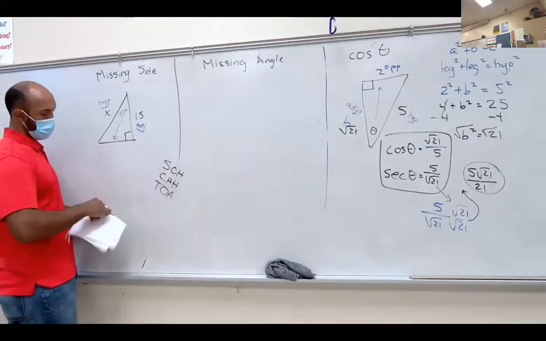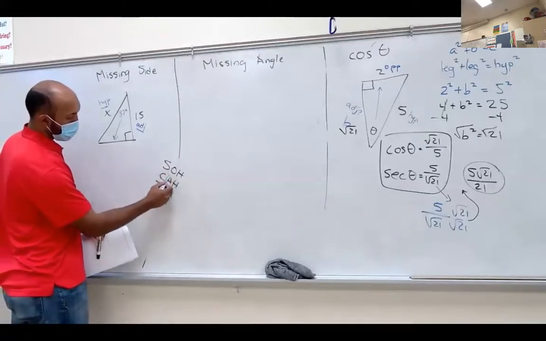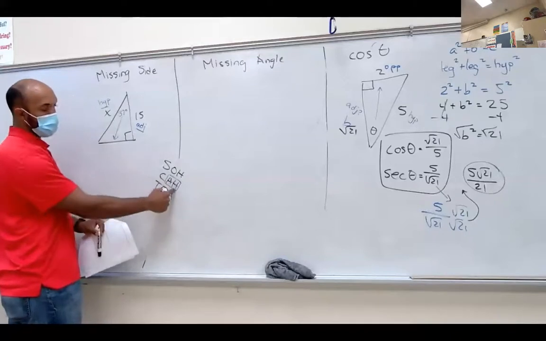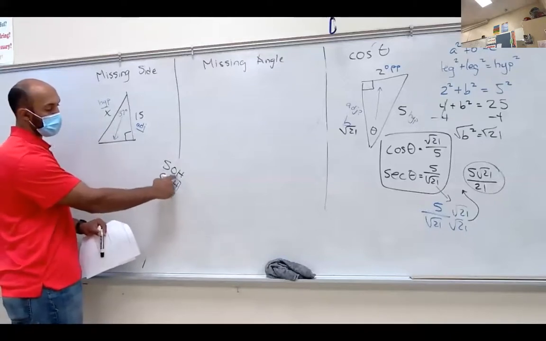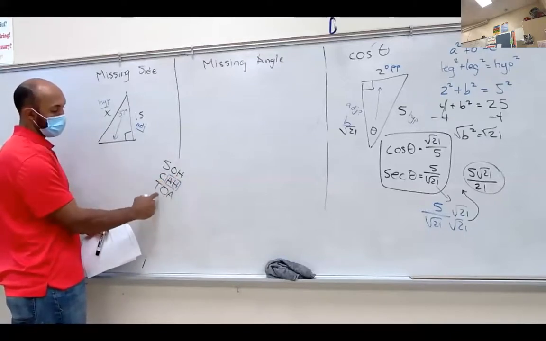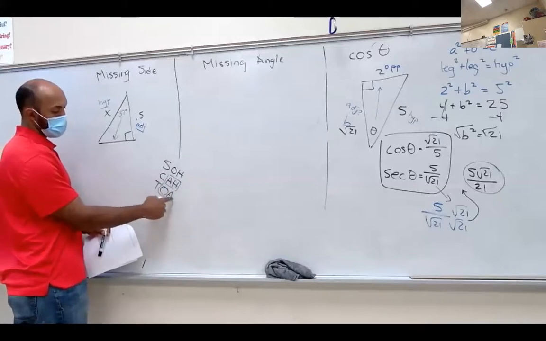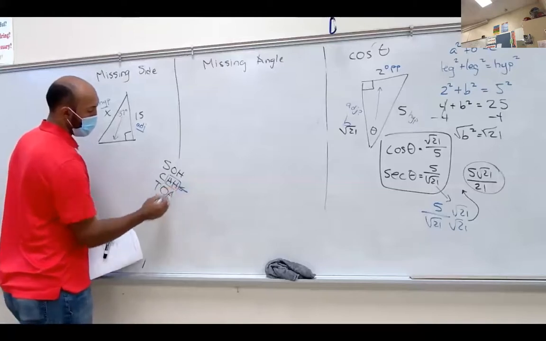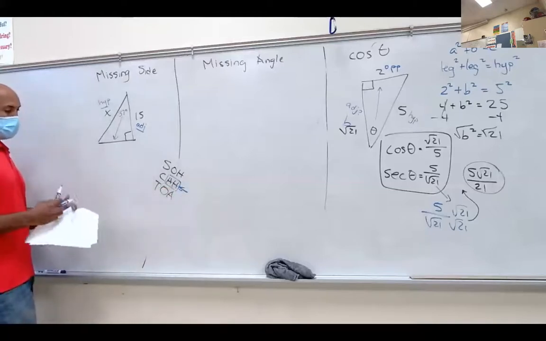Cosine. Because if you look at it, adjacent and hypotenuse. Sine is opposite and hypotenuse, and this one is opposite and adjacent. Okay, so it's this one. That's the one I'm going to use to find that missing side.